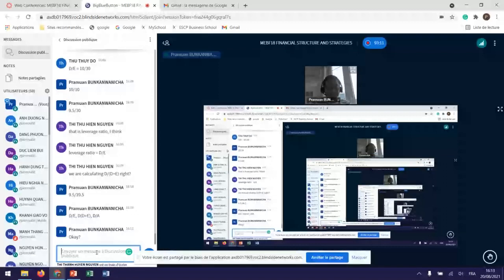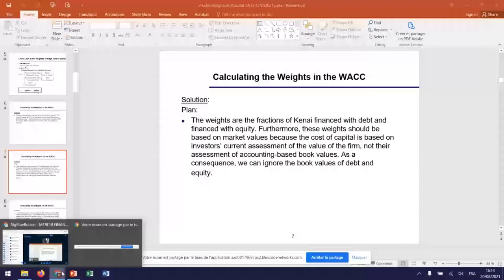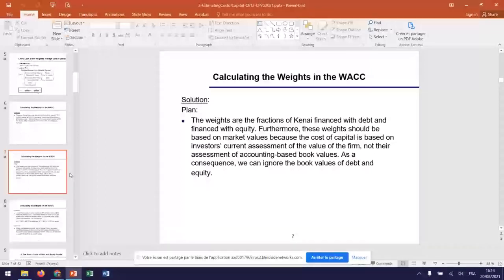The idea is we want to see the right hand side, which is called the capital structure. In my class, everything is based on market value. In finance, we care less about book value. We are interested in market values, not accounting-based book value, because in finance we are interested in forward-looking measures.